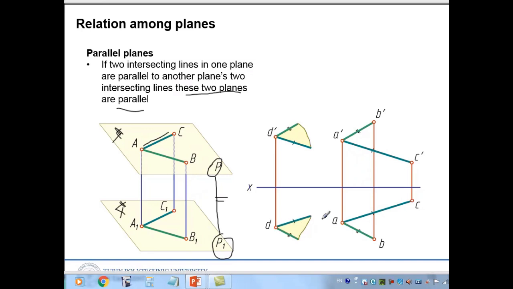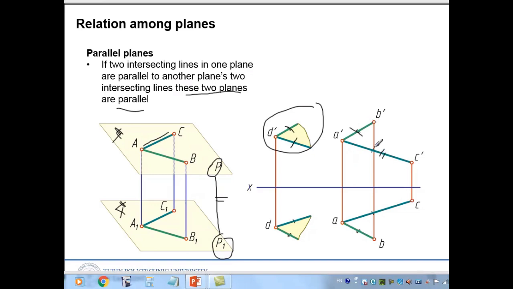So same like this. One line is parallel to another, and another line is parallel to another line. So that means the planes are parallel. This line and that line are parallel, and another plane's line and another plane's line are parallel.